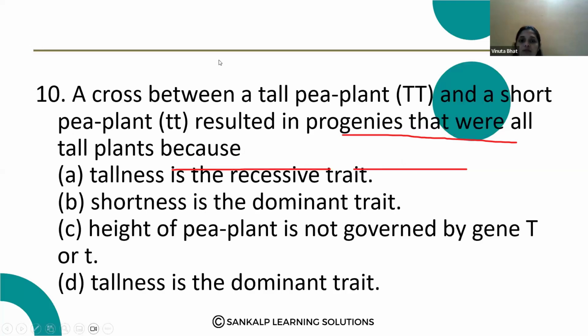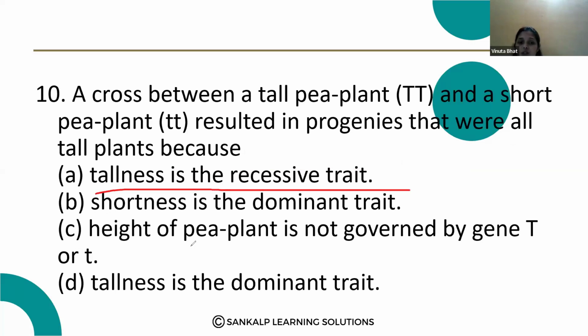Next question. A cross between a tall pea plant and a short pea plant resulted in progenies that were all tall plants. Which is the correct answer?